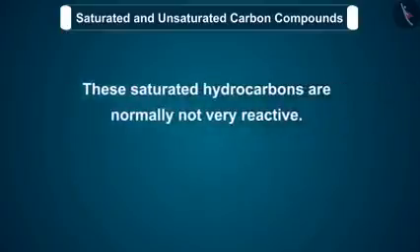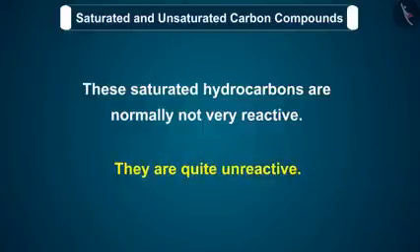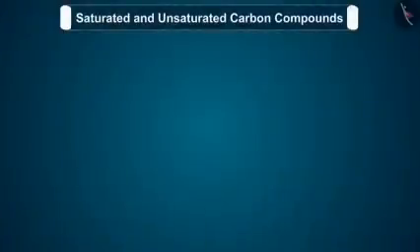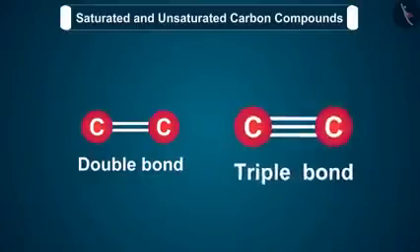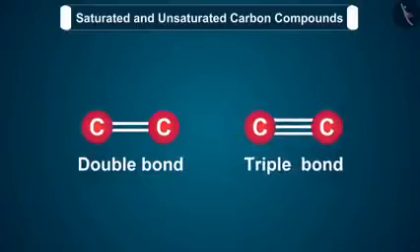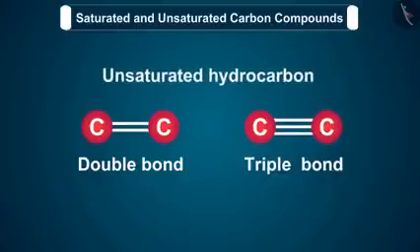These saturated hydrocarbons are normally not very reactive. That is, they are quite unreactive. A hydrocarbon in which two carbon atoms are connected by a double bond or a triple bond is called an unsaturated hydrocarbon.